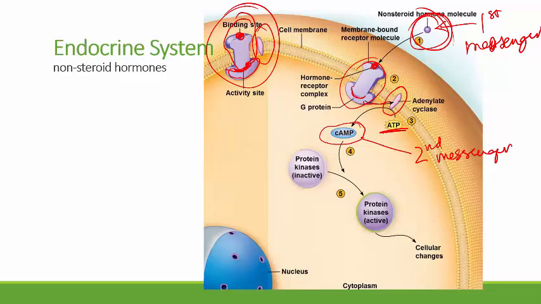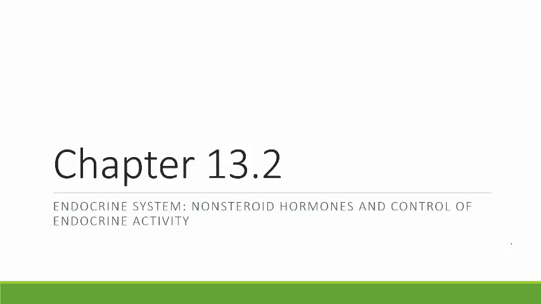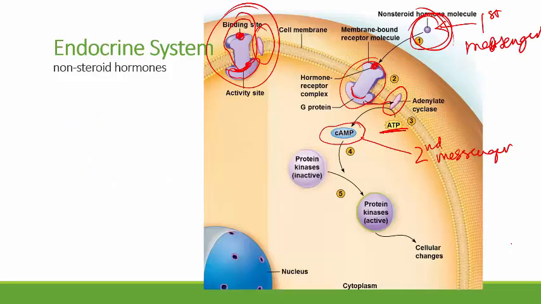Cyclic AMP, I think of it almost as the little yippy yappy dog inside the house. We ring the doorbell out here, and that gets the little yippy yappy dog running around looking for the master to make something happen inside the house.